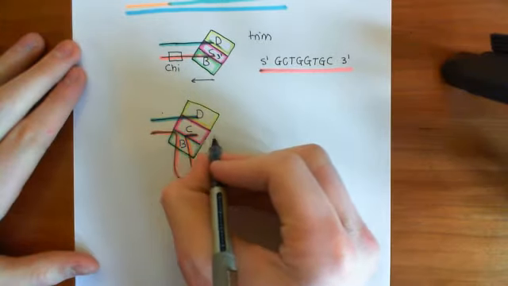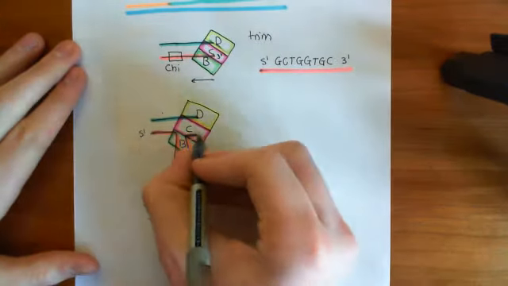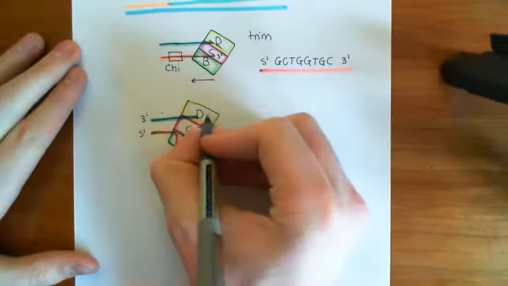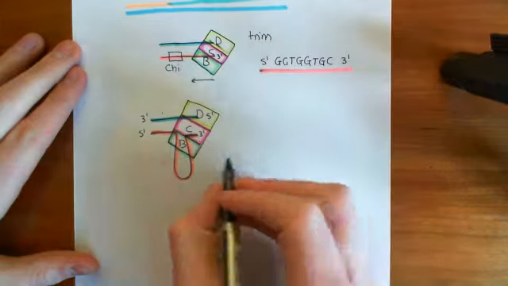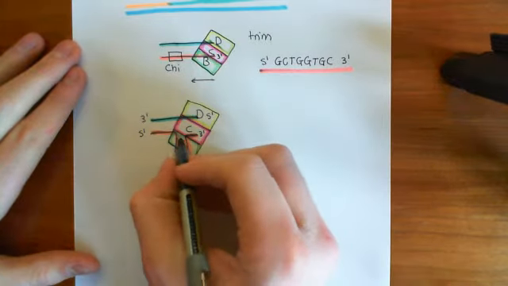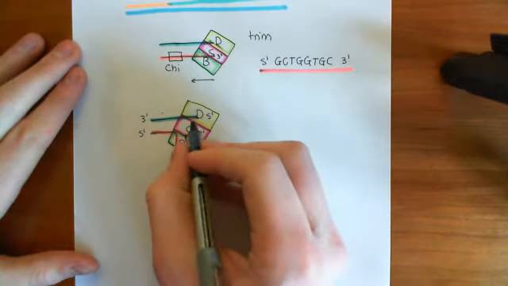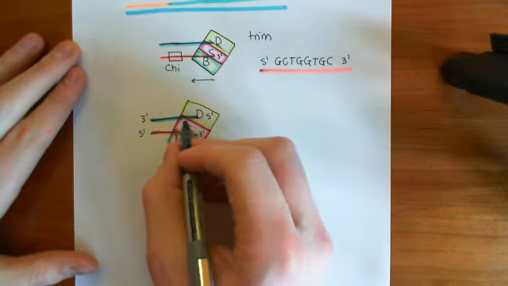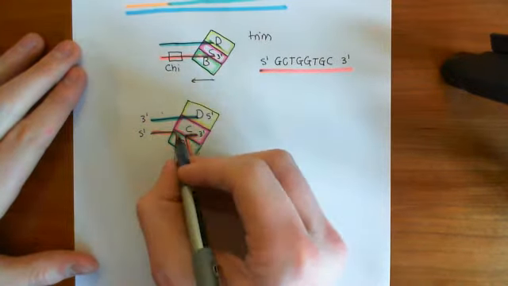So remember, this is the 5' end of the red strand, this is the 3' end of the red strand, this is the 3' end of the turquoise strand, and this is the 5' end of the turquoise strand.